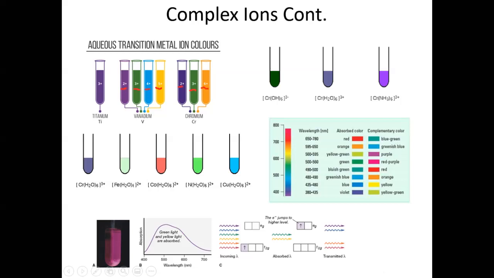Now remember what we learned in last lecture. The color it appears is different from the color it absorbs. So if something appears at a low wavelength, it's going to absorb at a high wavelength. If something absorbs color at a high wavelength, that photon at that higher wavelength is lower energy than the photon at the lower wavelength.